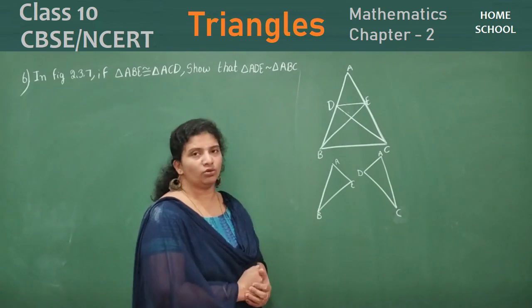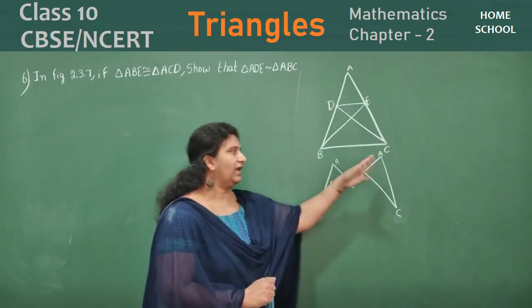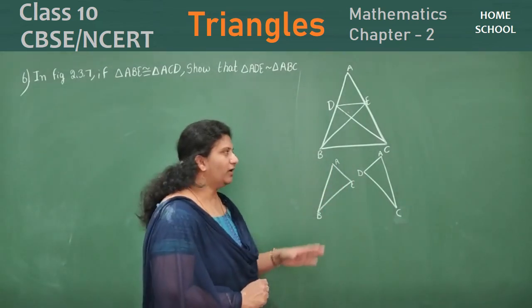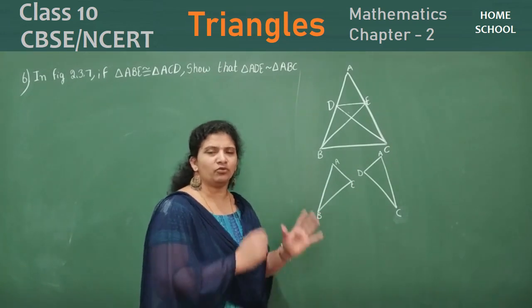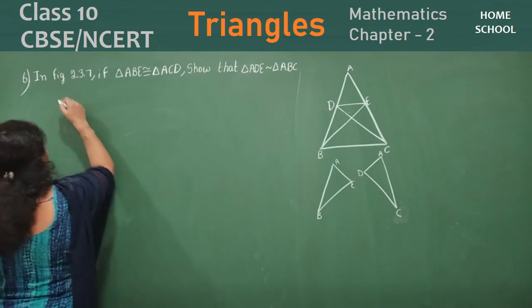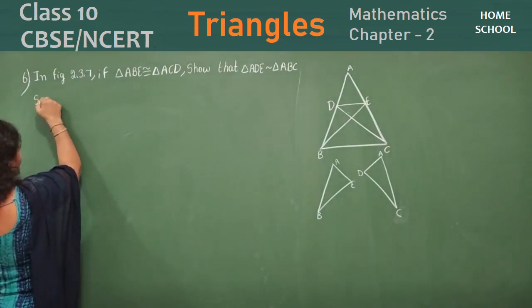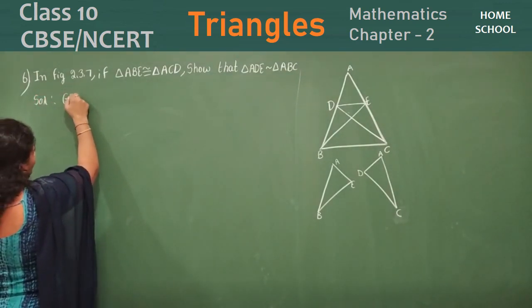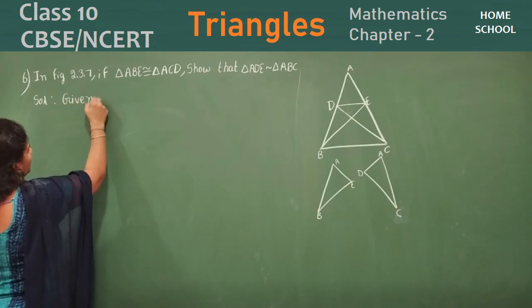So now how can you compare? Angle A, like this you can compare. But I don't want angles; I'll prove this problem with the sides. So let's start our solution here.